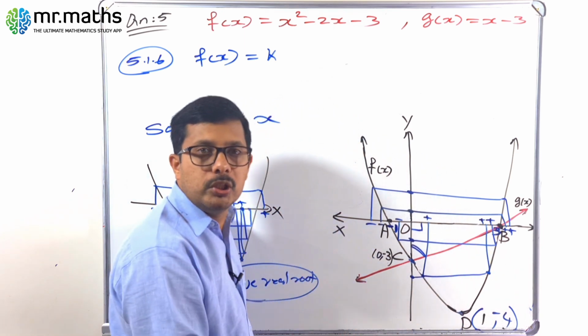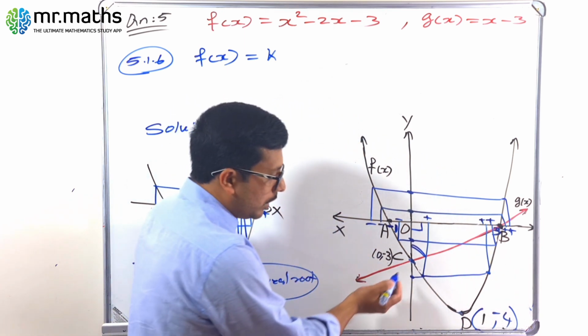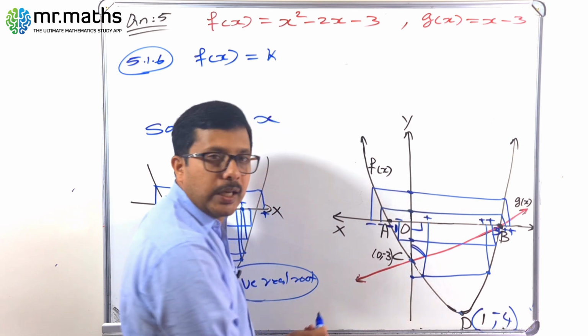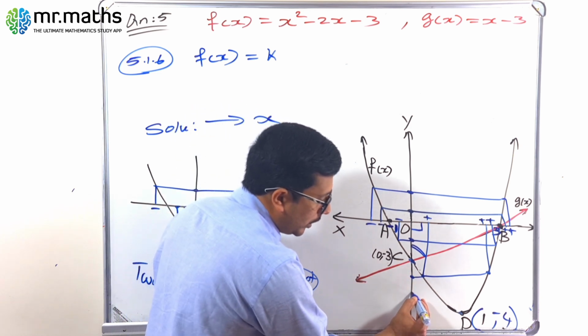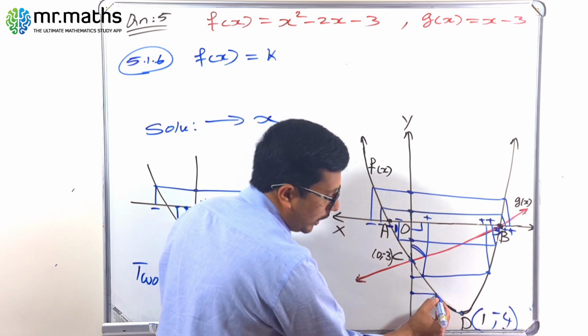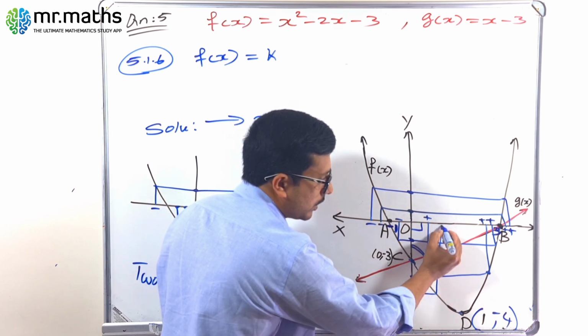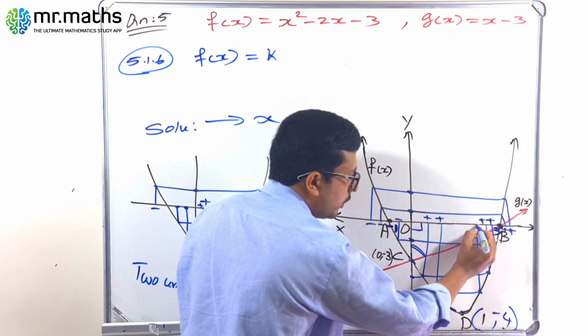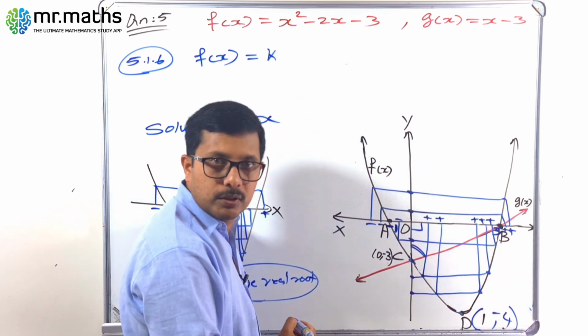Positive. Both positive, different. That means if I take a y value or k value after this minus 3. So let me take a y value here. Here also I got an x value or solution here. What is the sign? Positive. Another solution here. What is the sign? Positive. Both positive. Can you see that?